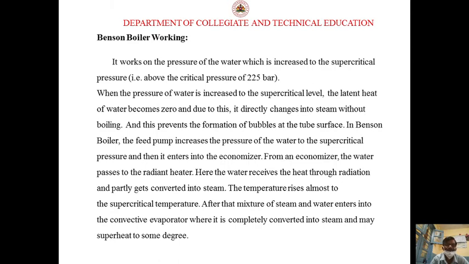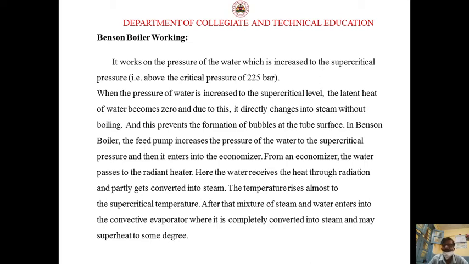So, mainly it works on the pressure of the water, which is increased to supercritical pressure. The boiler feed pump increases the pressure of the water to the supercritical pressure and then it enters the economizer. From the economizer, water passes through the radiant evaporator. Here, water receives heat through radiation and partly gets converted into steam.